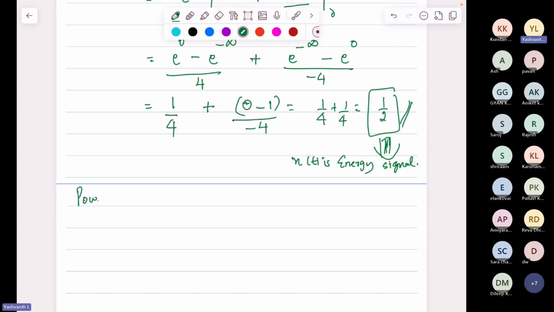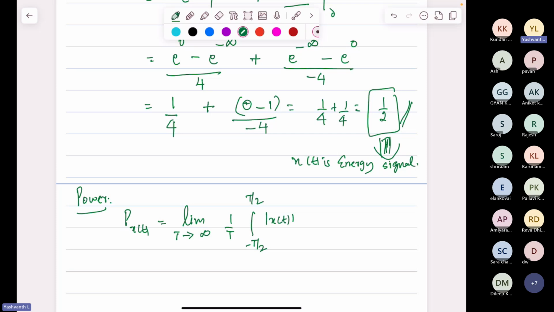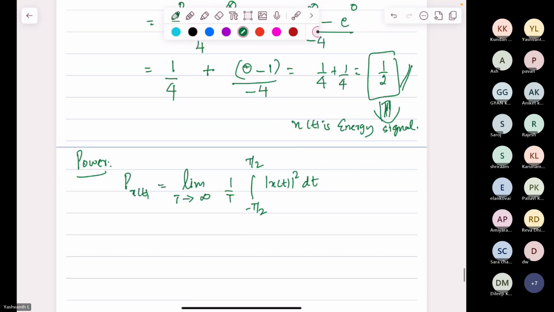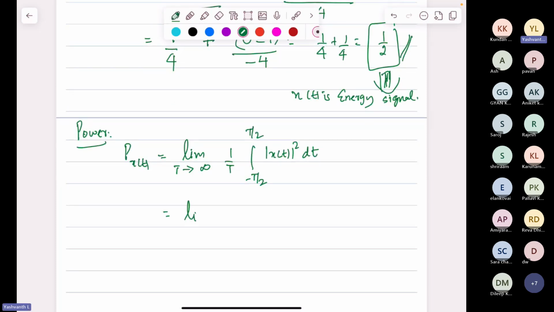Okay, so power is given by Px equals the limit as T tends to infinity of 1 by T times the integral from minus T by 2 to plus T by 2 of mod x of t square dt. That is nothing but the limit as T tends to infinity of 1 by T times the integral from minus T by 2 to plus T by 2 of e power minus 4 mod t dt.